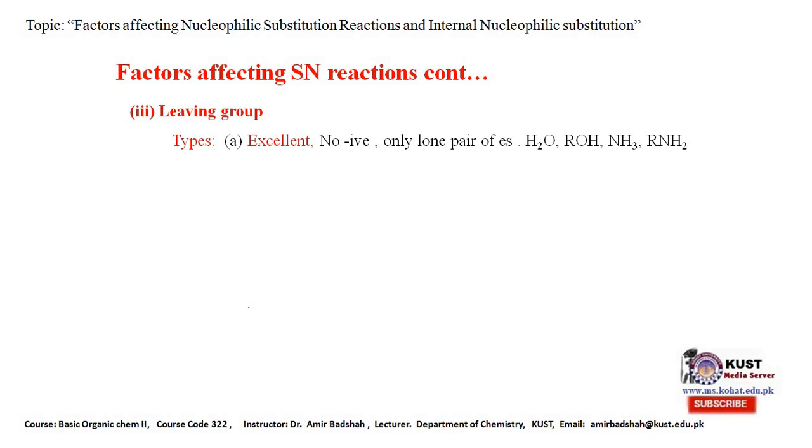In other cases, first the leaving group leaves and then the nucleophile attacks, for example in the SN1 reaction. So the leaving group can affect both SN1 and SN2 reactions.